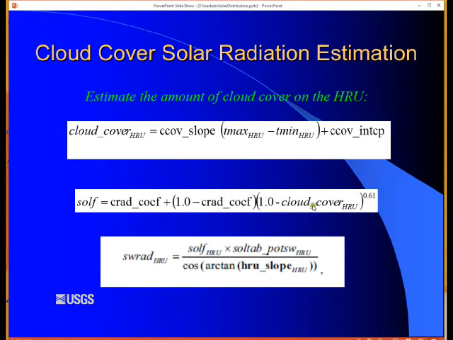Cloud cover plugs into this equation. CRAD, COF, that's another parameter. So from those equations you're able to compute the SOLF value, and then it's the same equation again. SWRAD is equal to the same equations. It's different ways of computing this ratio of potential to actual solar radiation.